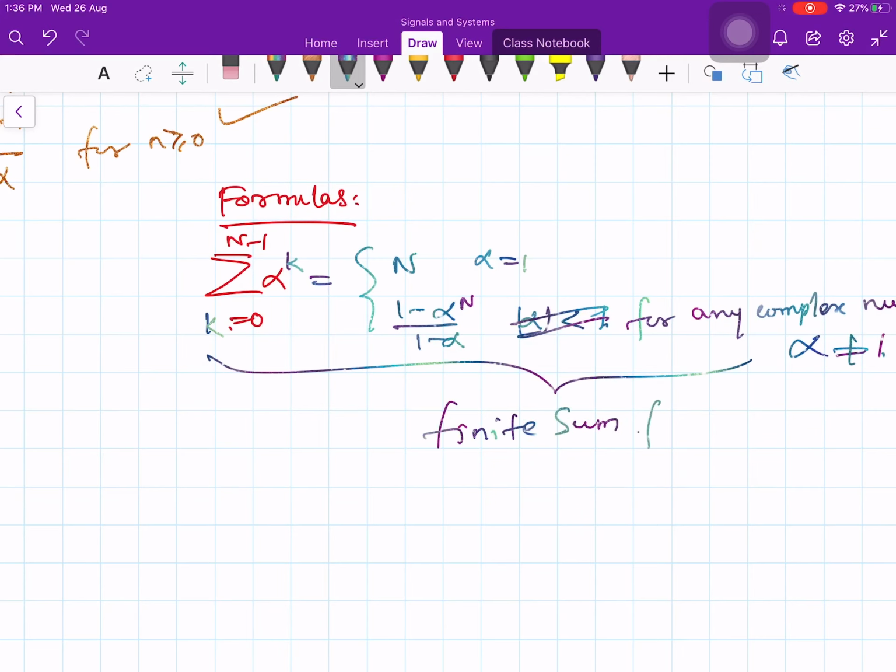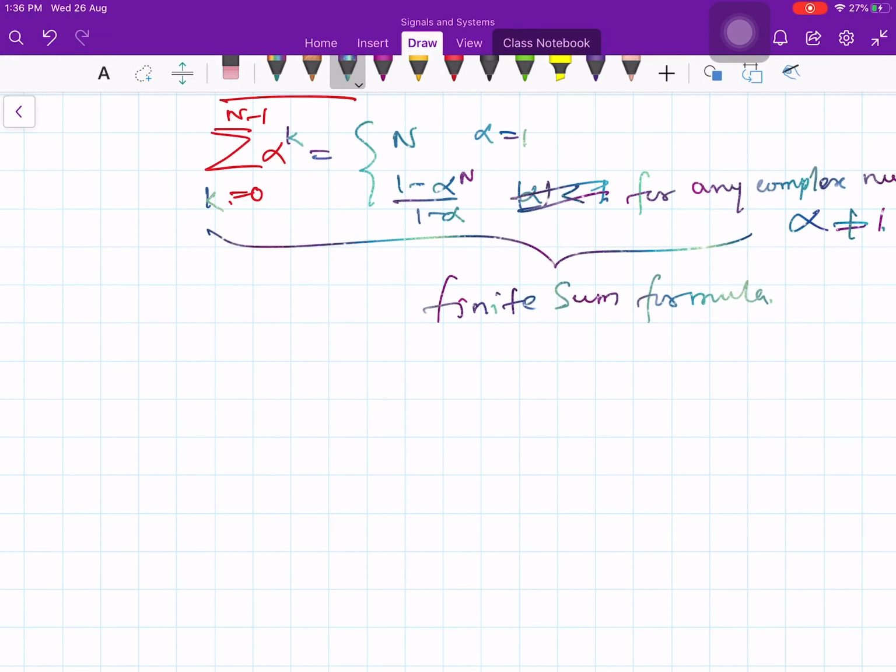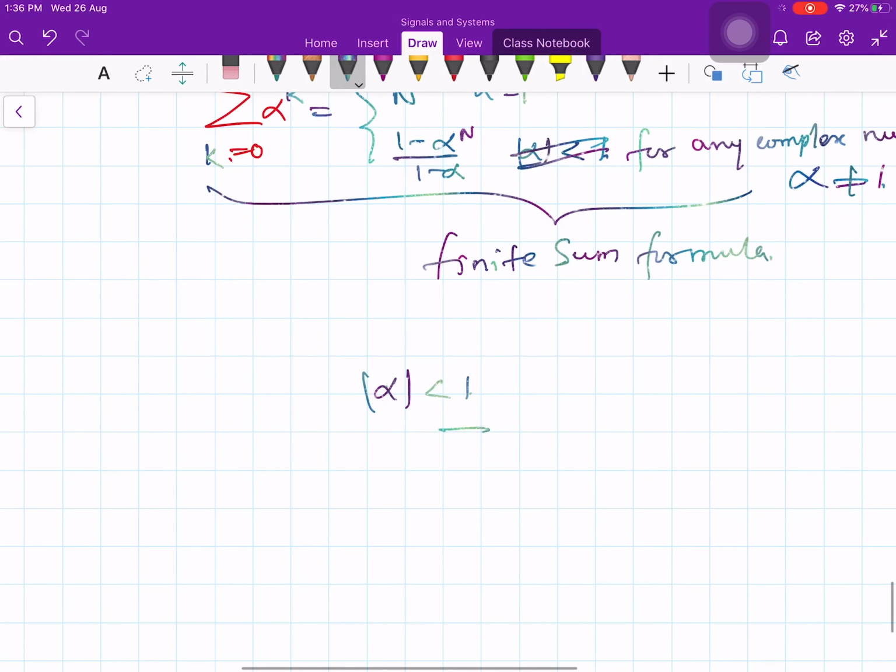And the second one is, if mod of alpha is less than 1, then sigma k equals 0 to infinity of alpha to the k is equal to 1 by 1 minus alpha. This is called the infinite sum formula. Second formula, let's say.